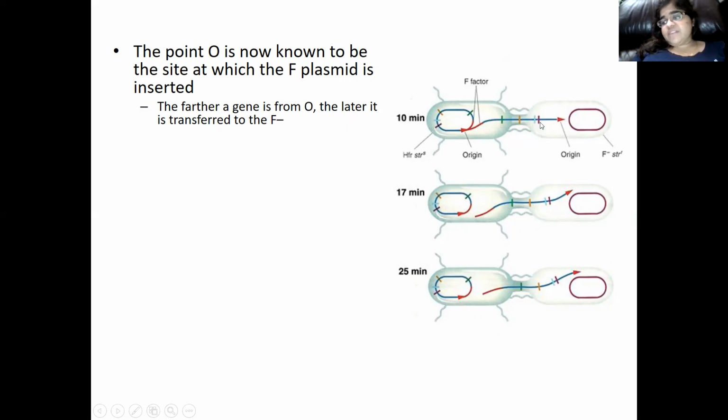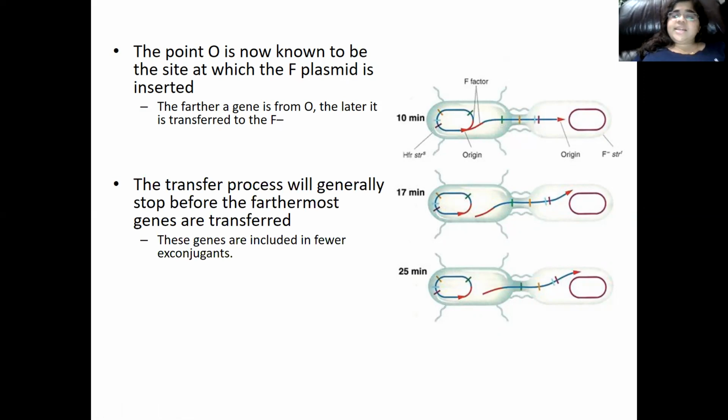So we have this one entering at 10 minutes, whereas this one took around 25 minutes to enter the cell. And the transfer typically stops before the final ones can even get in, so the later genes end up not getting included in the conjugates.